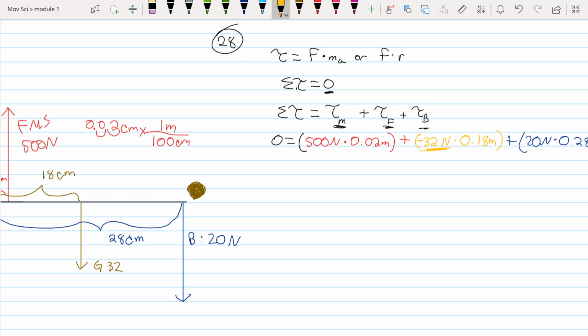So this is going to be a negative force there. You've also got the 20, which is going down, which is also going to be negative.